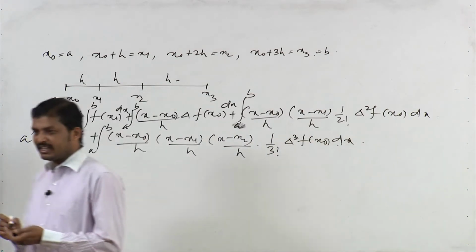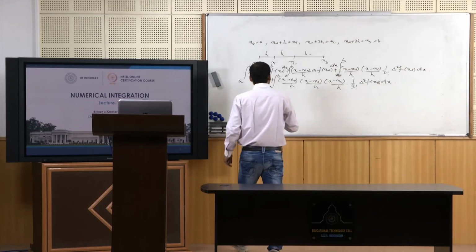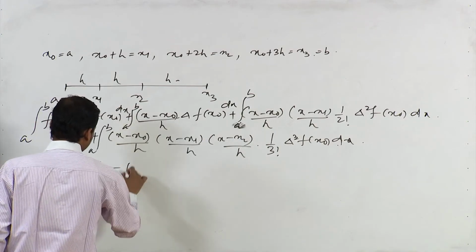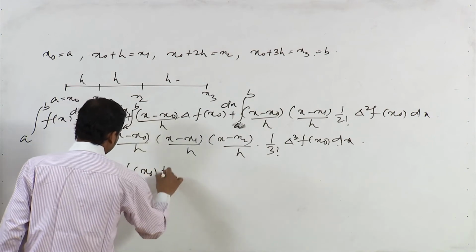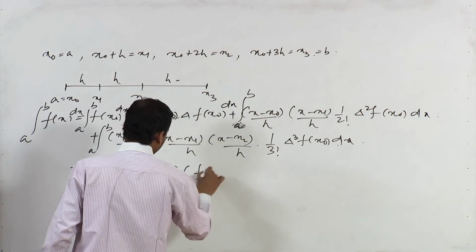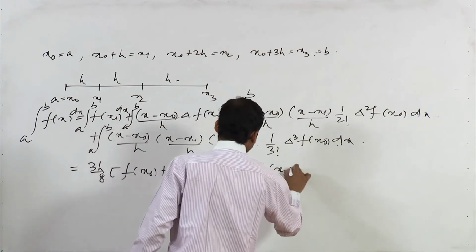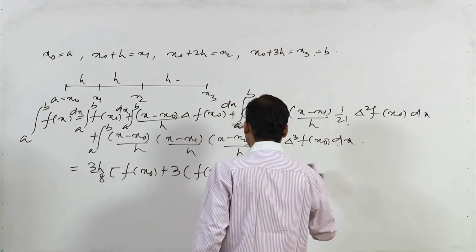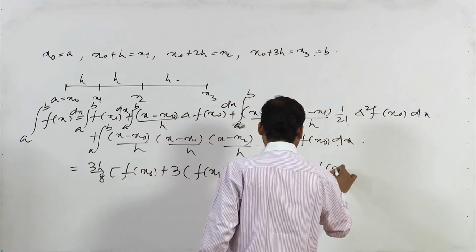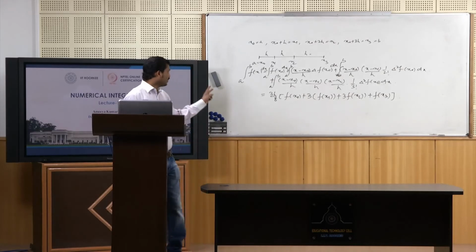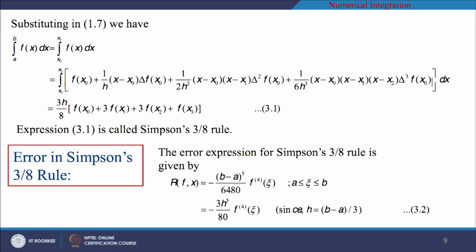If we integrate this, then we obtain the formula 3h by 8 times f of x0 plus 3 into f of x1 plus 3 into f of x2 plus f of x3 here. So, this expression is basically called the 3/8 Simpson's rule.